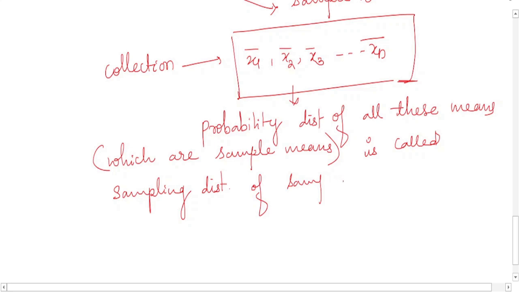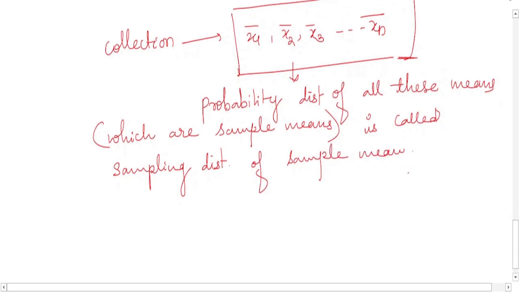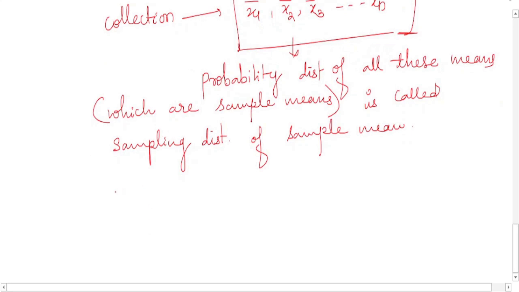This is called sampling distribution of sample mean.